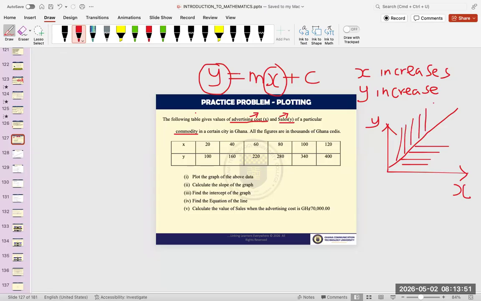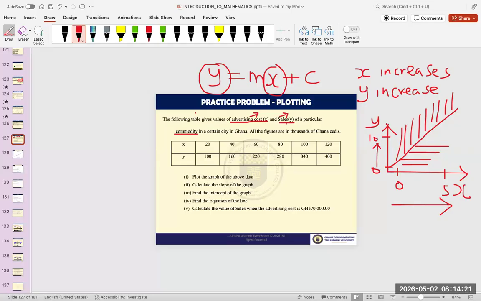So you have a straight line which is moving from below to above. Because when x increases, it means that when here is 0 and here is 5, x has increased. Again, for y, if here is 0 and here is 10, it means y has increased. So as x increases, y also increases.